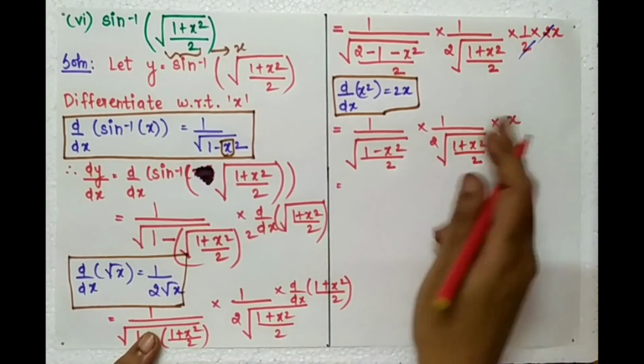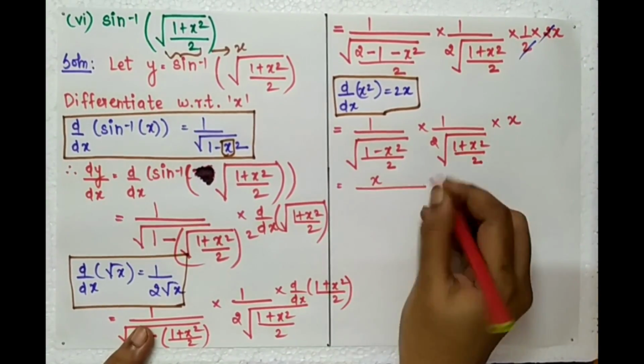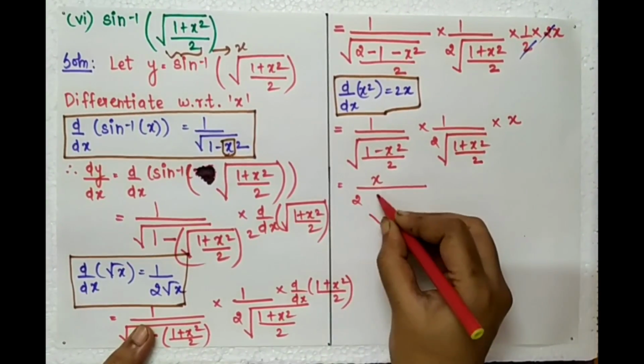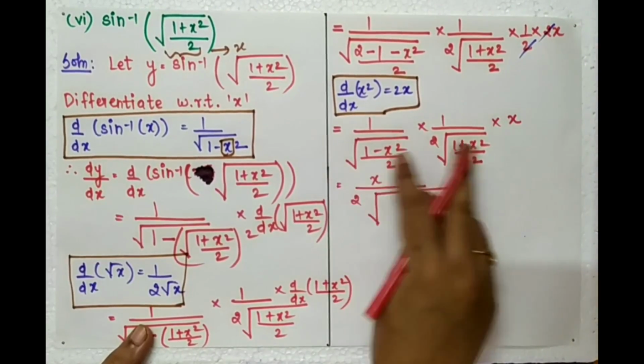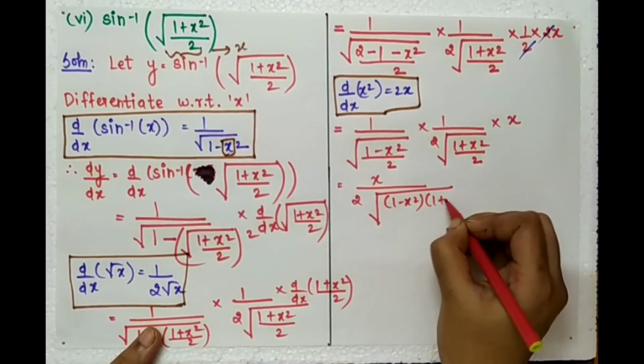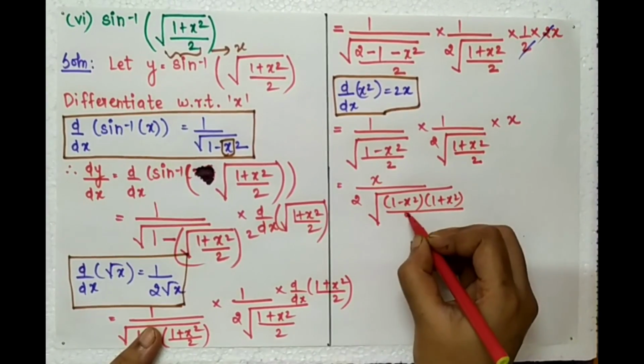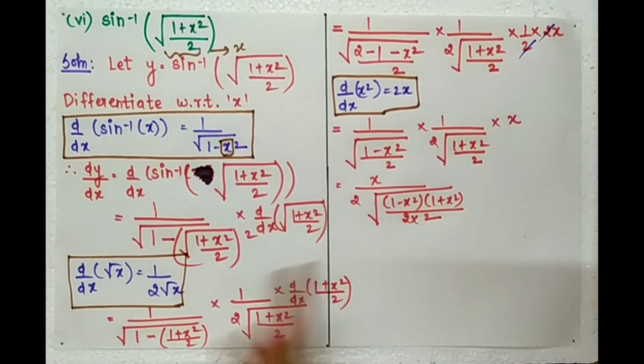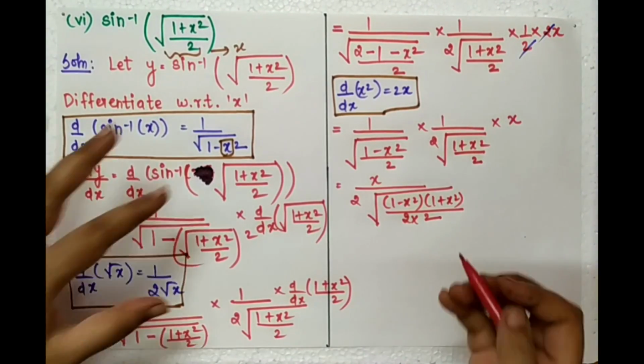This is equal to x upon 2 root of, we can multiply these roots together. So we get 1 minus x square into 1 plus x square upon 2 into 2. So 1, 2 can be taken out.